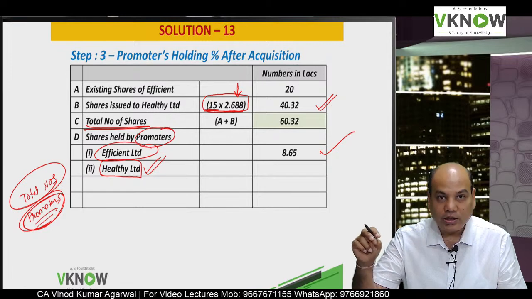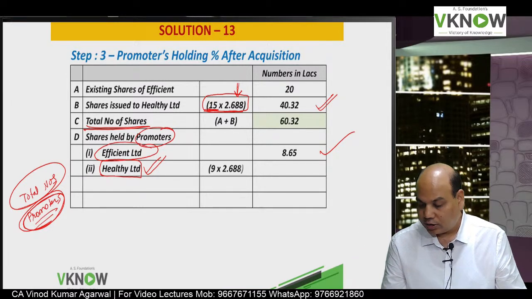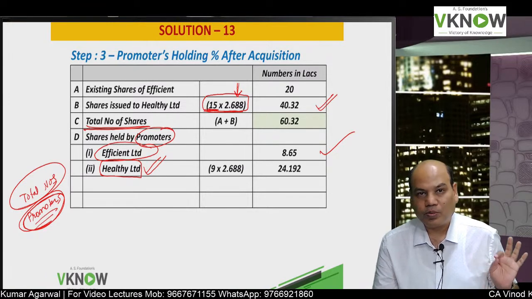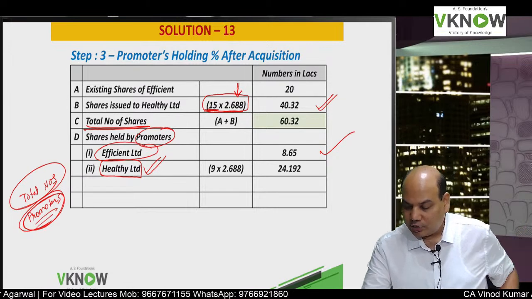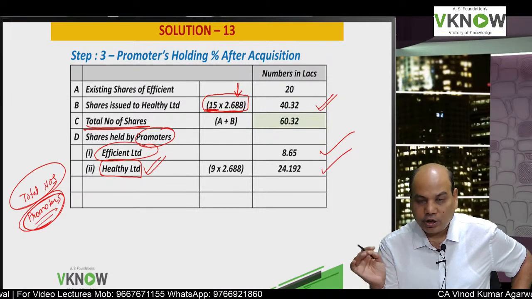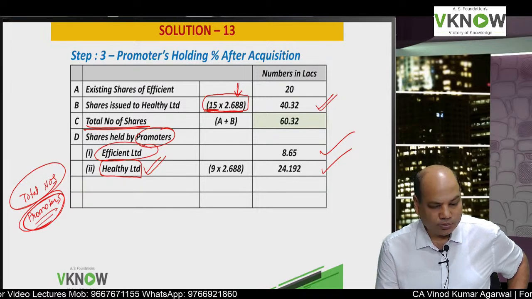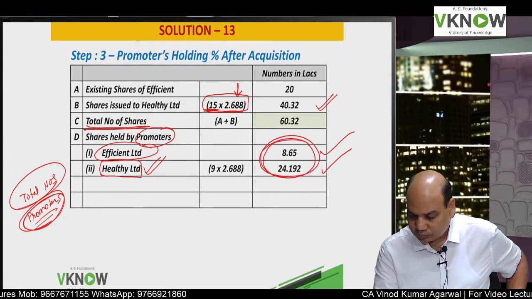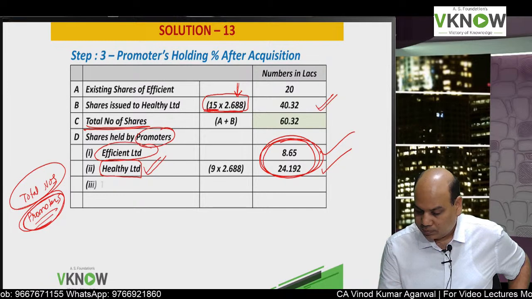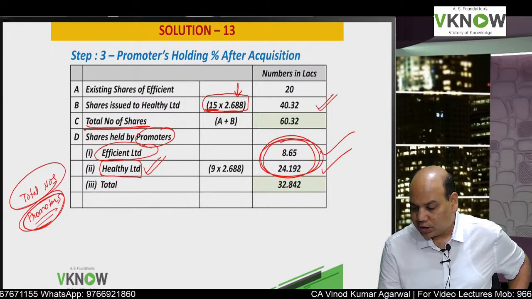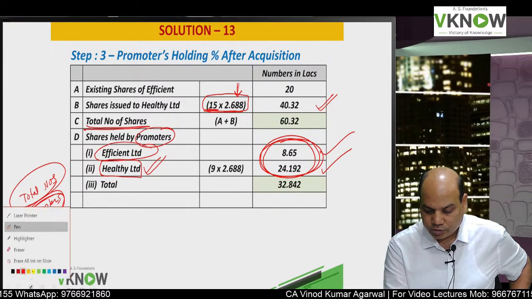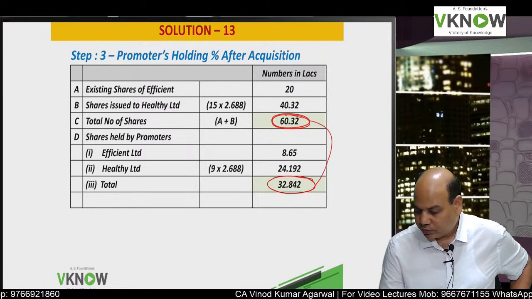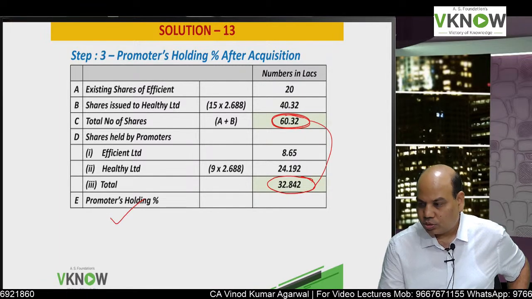They are holding in Healthy Limited 9 lakh shares, and they will get 9 into 2.688, which comes to 24.192 lakhs. If you add these two, this is the share held by the promoters. Total comes to 32.842. 32.842 divided by 60.32 will give you promoters holding in percentage.